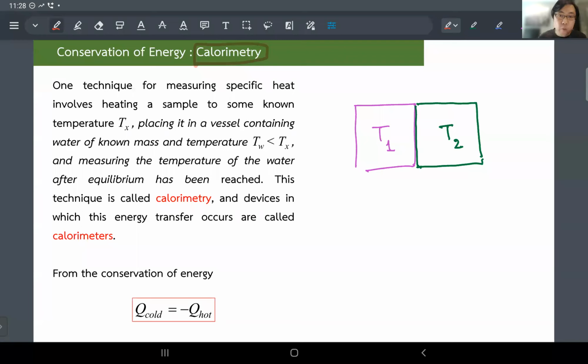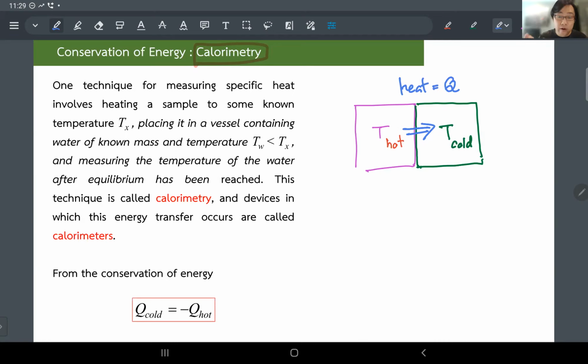But if one is hotter than the other, let me call this one the hot one, T hot, and the other one colder, T cold, then the energy flows from hot to cold. With me, guys? That is the heat. This is heat, energy transfer.